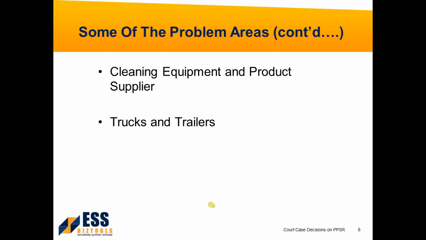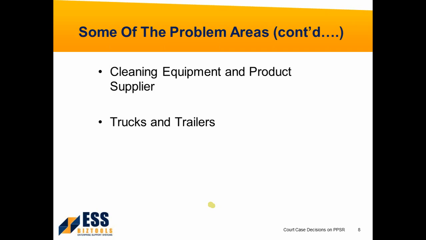There's been another case involving trucks and trailers. The business hired trucks and trailers with a market value of $1.4 million. The court found that the suppliers regularly engaged in the business of leasing goods, and hence the hire agreement was deemed to be a PPS lease.